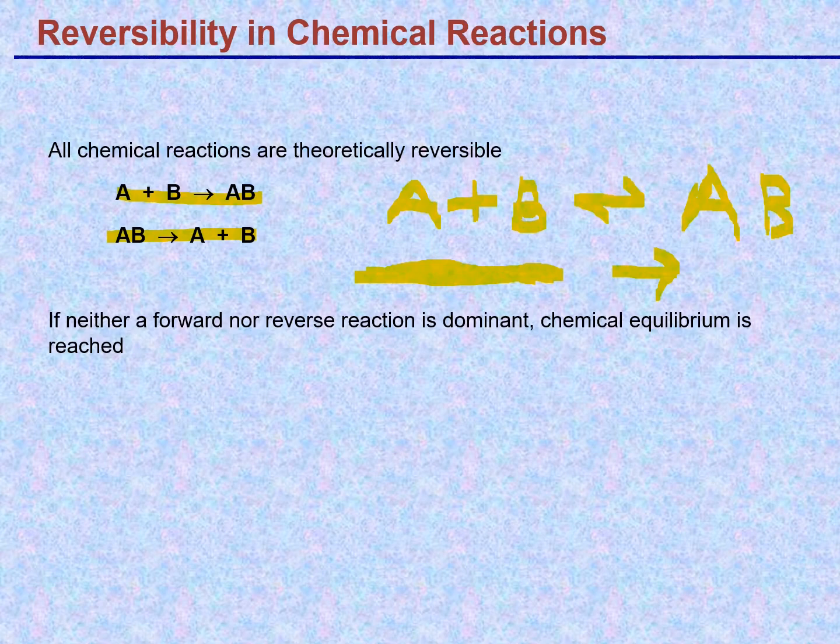It'll be mostly going towards forming AB. And conversely, if there's more AB than A plus B, then the reaction will tend to go in the opposite direction. For many chemical reactions, we'll talk about that later on in the course, examples of that happening.